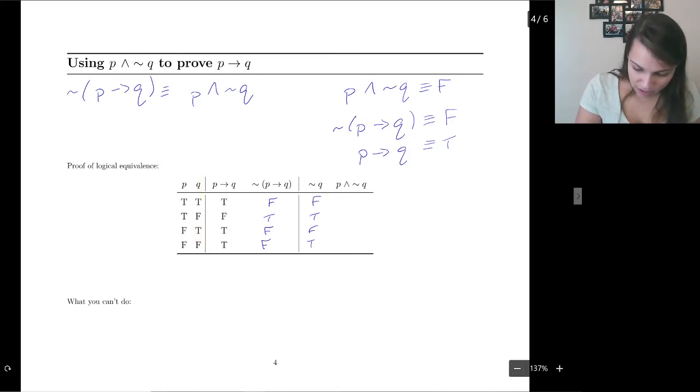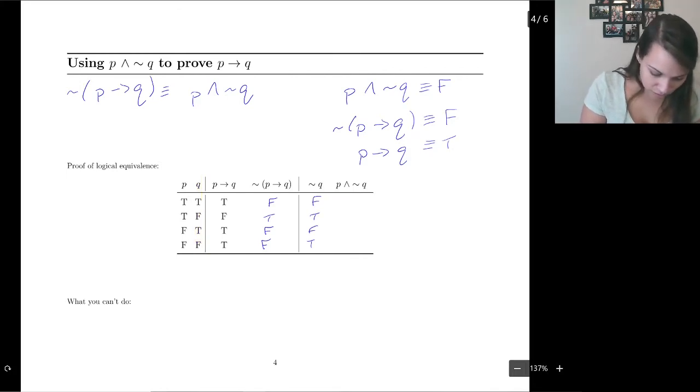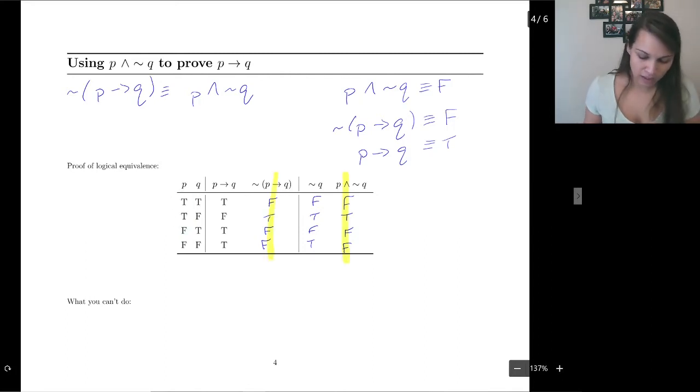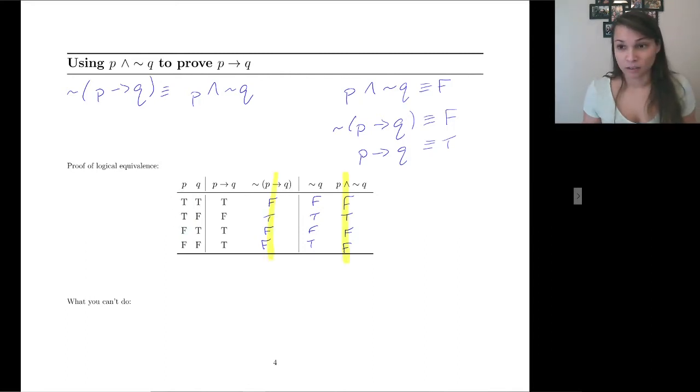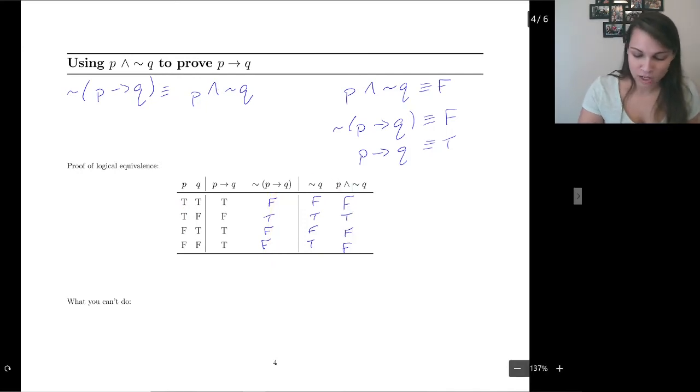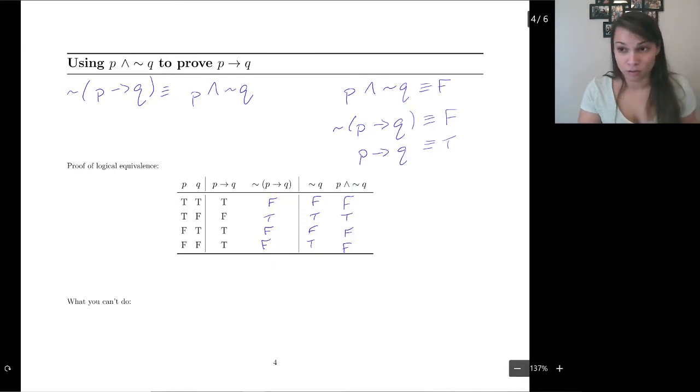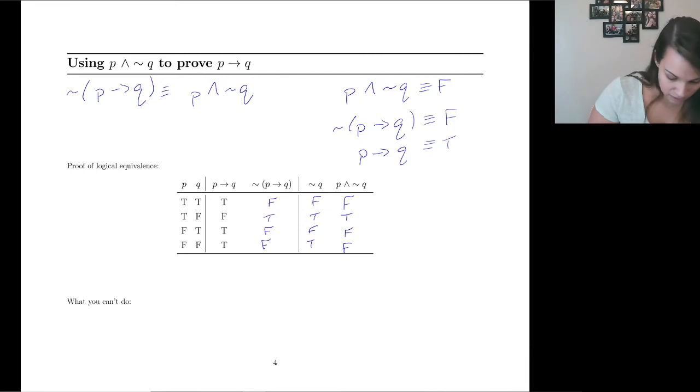Then P and not Q, which is only going to be true if both P and not Q are true at the same time. So this is the only time it's going to be true. And then we can see that these two columns are the same, which means they are logically equivalent.